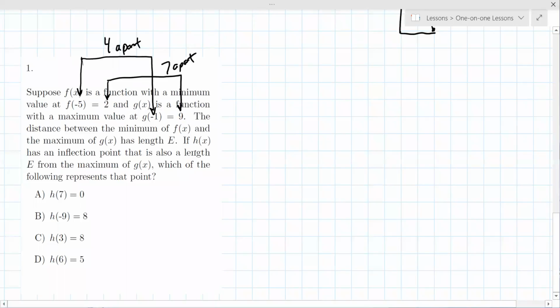Well, the question is essentially asking which point is also the same distance away from one of these. It's like I'm saying here's a point A and here's point B, and there's some distance E apart, and then I'm picking one of them. In this case I'm picking point B, and I'm asking which of these other points is also a distance E away.